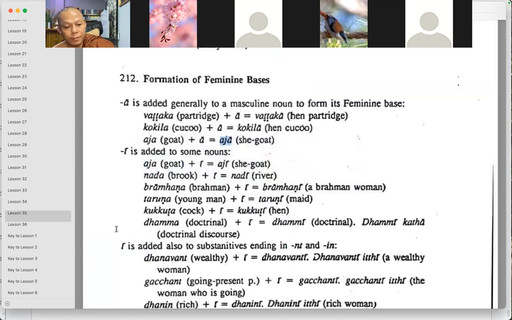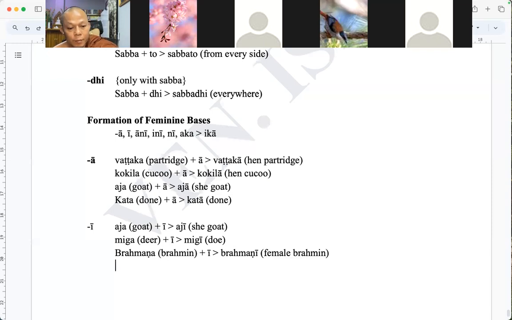And then the other one is actually Taruna. Taruna is actually an adjective, young, and it refers to maybe a boy or something.